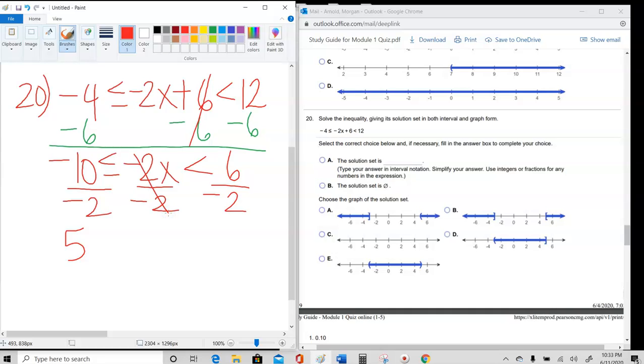Now remember, when you divide or multiply parts of an inequality by a negative number or negative fraction, then the given inequality symbols will change to their opposite. So that less than or equal to will turn around as greater than or equal to, and the less than will turn around as greater than.